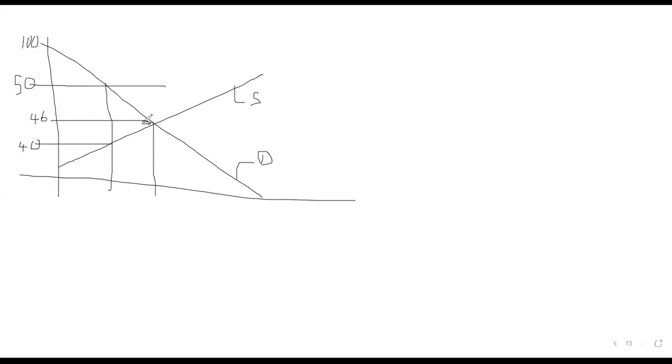And here our equilibrium quantity maybe was 18, and this one maybe takes you to 10. So already we know that our equilibrium is already here.